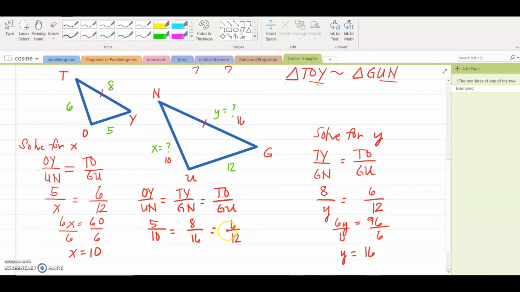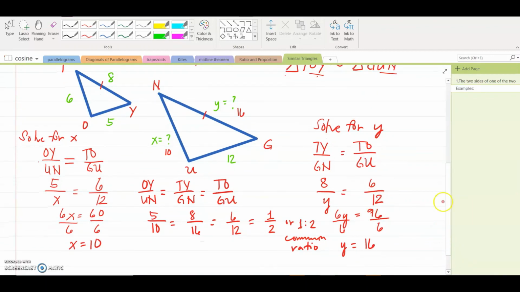So you will notice that the three ratios are proportional, since they arrive at the same lowest term, which is 1/2, or we can write it as 1:2, which is called the common ratio. Okay. So therefore, we can say that triangle TOY is similar to triangle GUN.